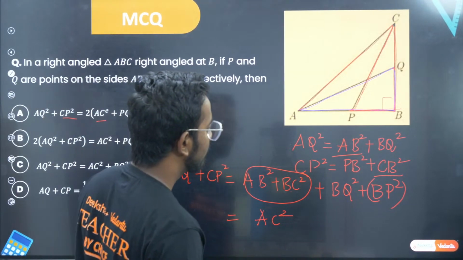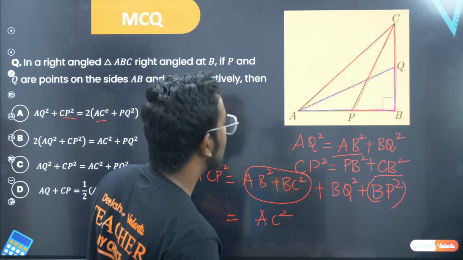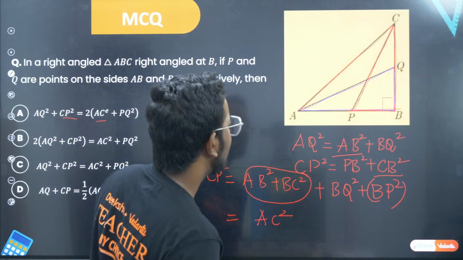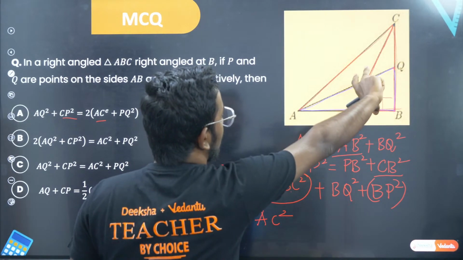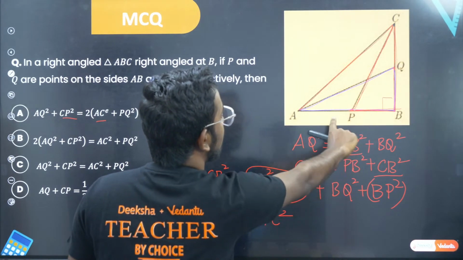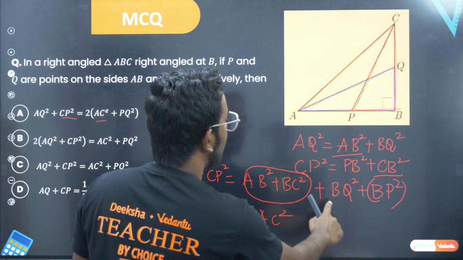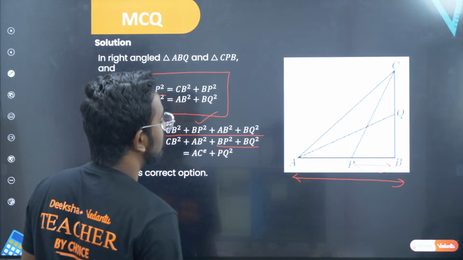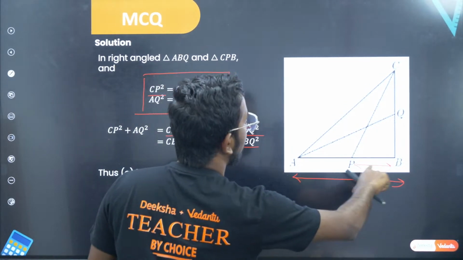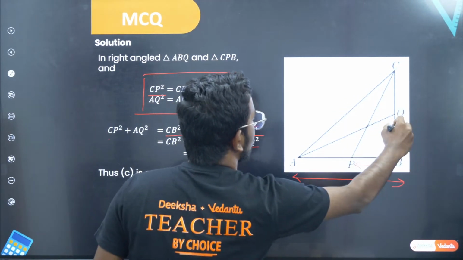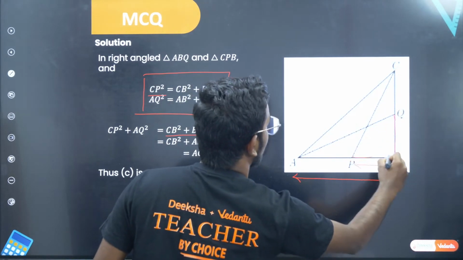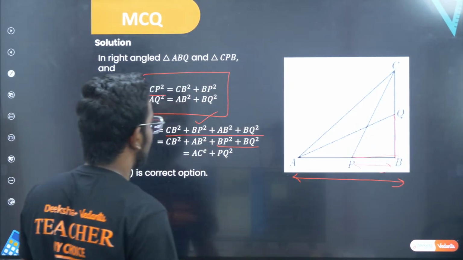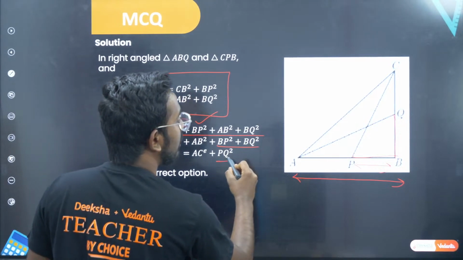And what else is left? Sir, where does this BQ come? This BQ is here, and this PB is here. Now what will you do? BQ square plus PB square, from here BP square plus BQ square. So PB and BQ, if you take these two, the resultant is basically PQ square.